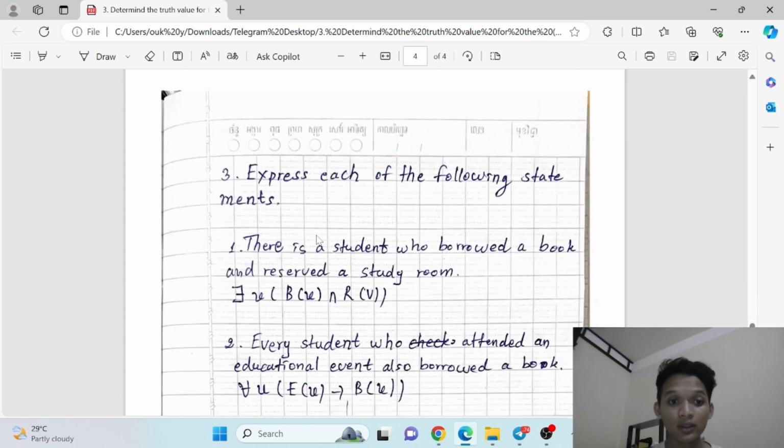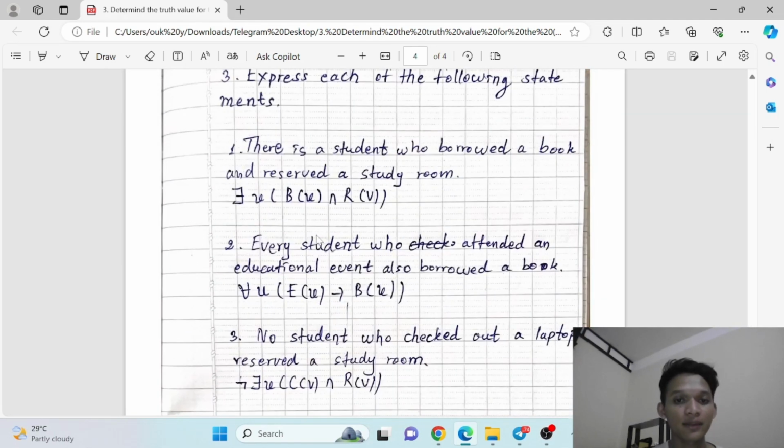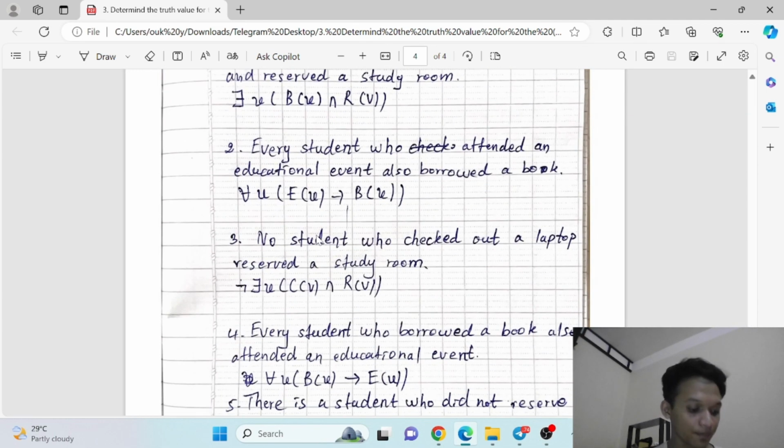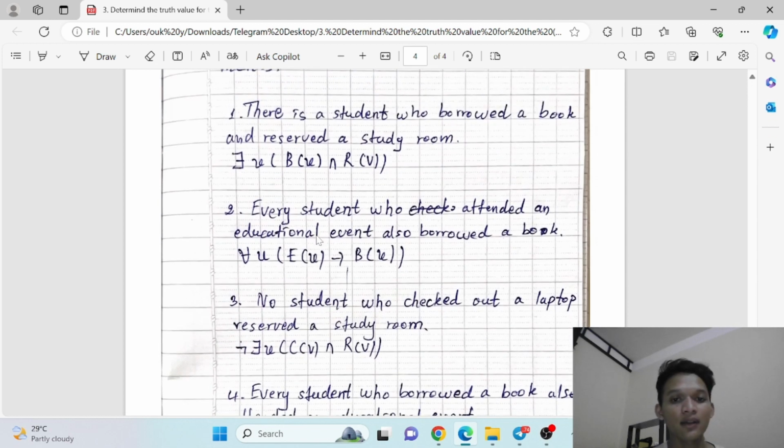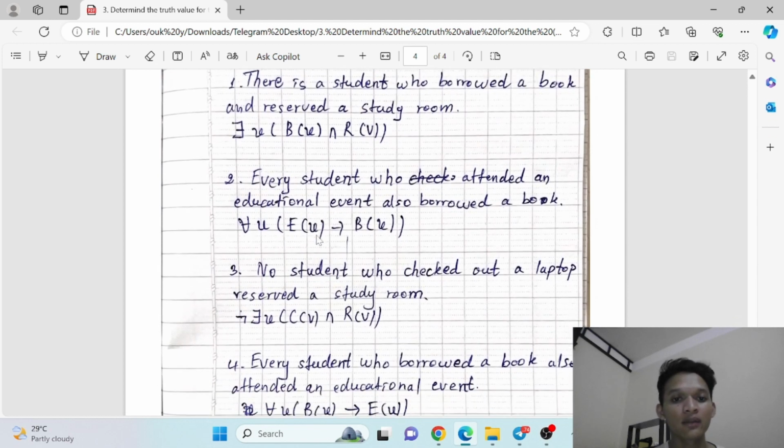Now let's go to number 3. Express the following statements. 1. There is a student who borrows books and reserves a study room. So we can write it as: there exists a student v such that B of v and O of v, or there exists a student v such that student v borrows a book and reserves a study room.